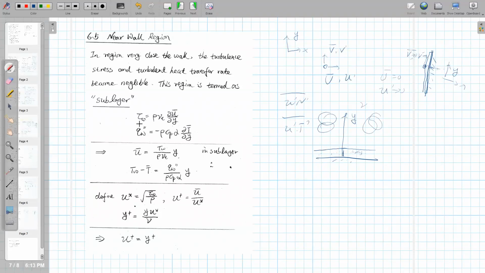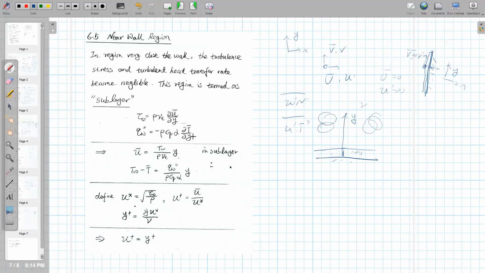Close to the wall, we can calculate both the wall friction force and the wall heat transfer rate by using the drag law and Fourier's law, where alpha times rho Cp is k.